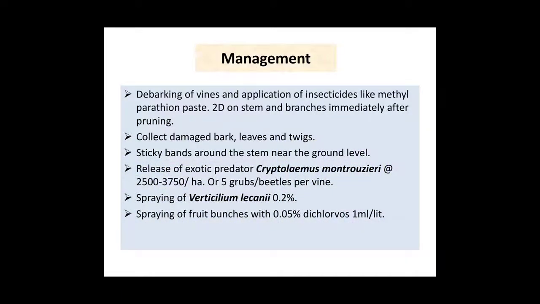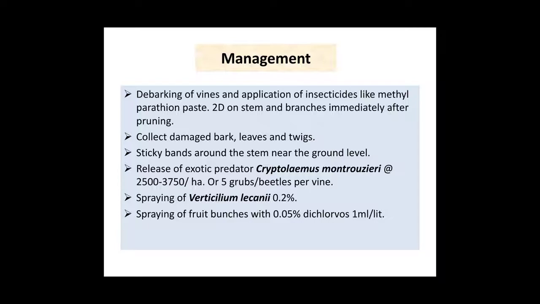Then management. Debark the vines and apply an insecticide like methyl parathion 2D on the stem and branches immediately after the pruning. Then collect damaged bark, leaves and twigs, and apply sticky bands around the stem near ground level. Then we can also release the exotic predator Cryptolaemus montrouzieri, 2500 to 3750 per hectare, or 5 grubs or beetles per vine.